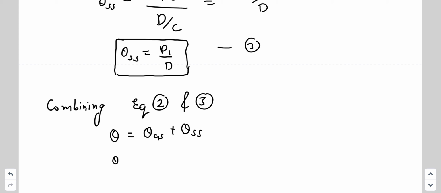So theta is equal to theta SS, which is P1 by D, plus theta GS, which is K e to the power minus T by tau.